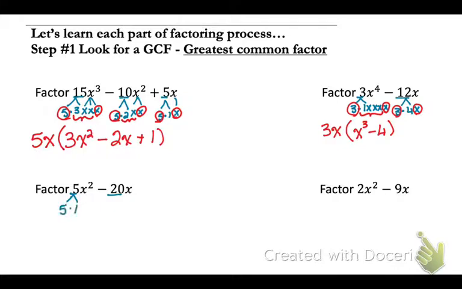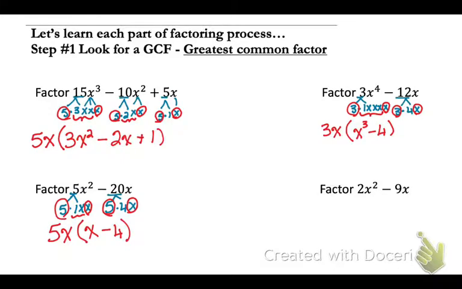So you're going to say 5 times 1 or 5 times 4. And then I've got x times x and x. What those two terms have in common are a 5 and an x. That is my greatest common factor. It comes up front, 5x. Everything else that I did not circle goes back into a polynomial. So x minus 4.